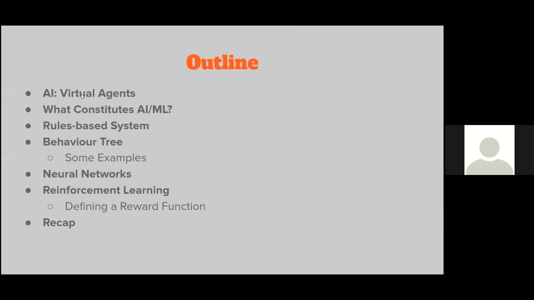First I'll start off by showing a video game. This is actually something that somebody wrote up. This is not like an official video game or anything. And then I'll go on into what the differences between AI and ML are, and I'll give two broad examples: one being a behavior tree, and one being reinforcement learning.